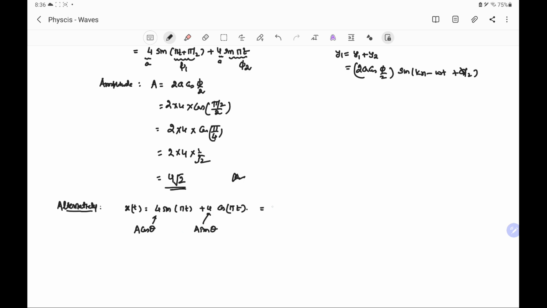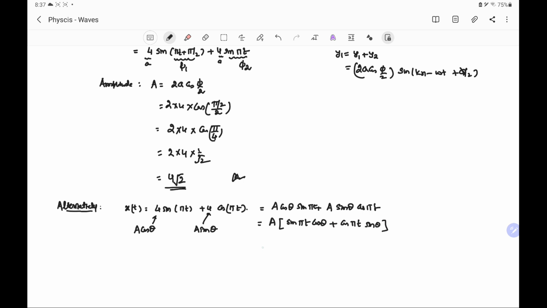So it will give a cos theta sin pi t plus a sin theta cos pi t. This is equal to a taken out from these two terms: sin pi t cos theta plus cos pi t sin theta.